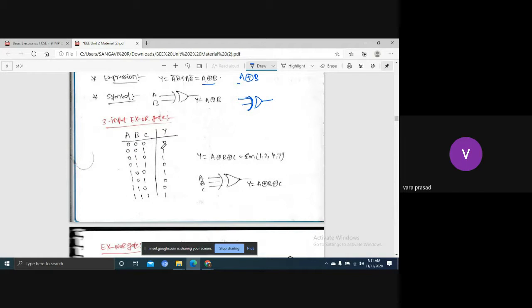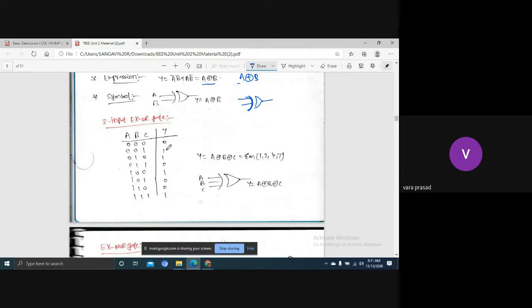Single one, output is 1; two ones, output is 0; three ones, output is 1. Zero is an even number, that's why output is 0.